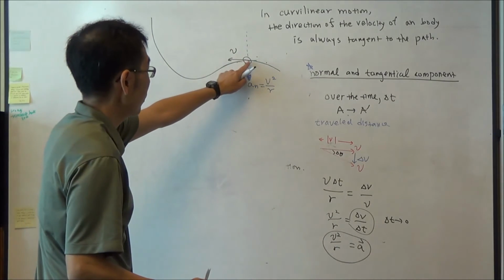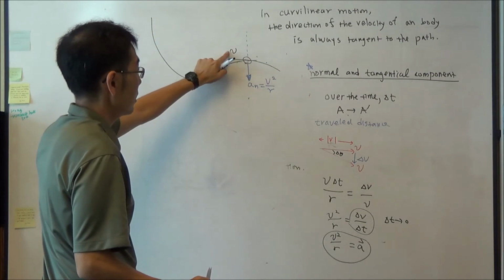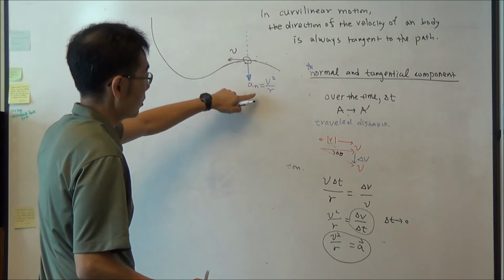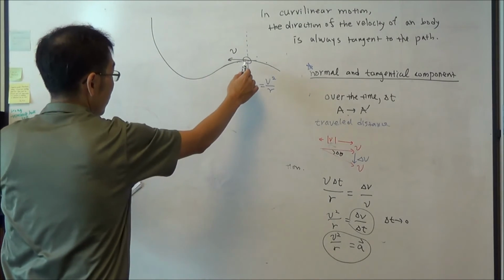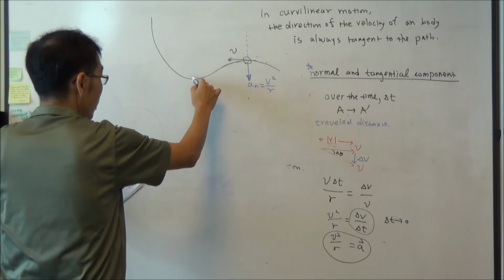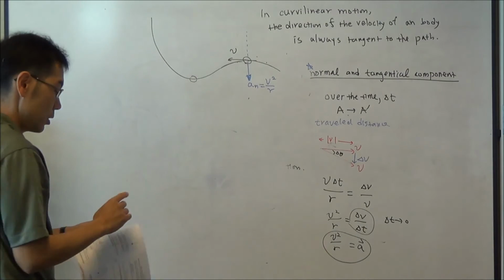I know that when this one moves this way, this is the instantaneous velocity and this is the normal direction acceleration. But this is not circular motion. And then let's say this one is going here, so how about the acceleration at this position?